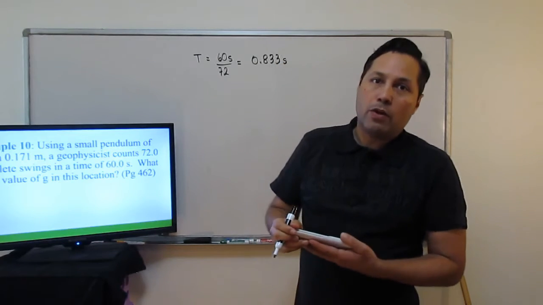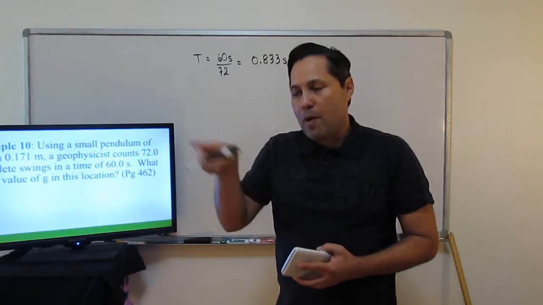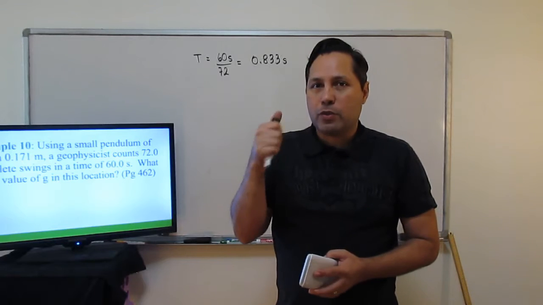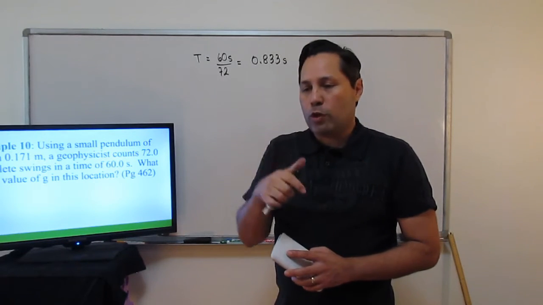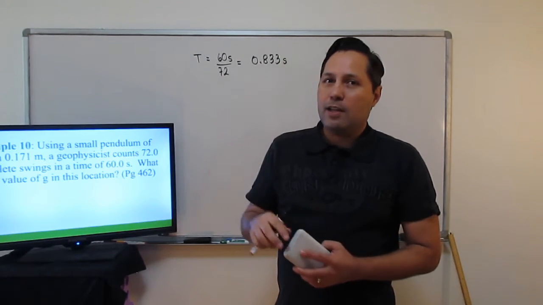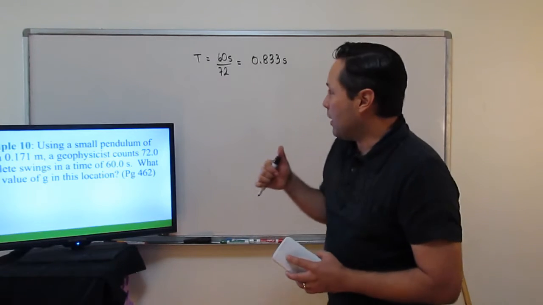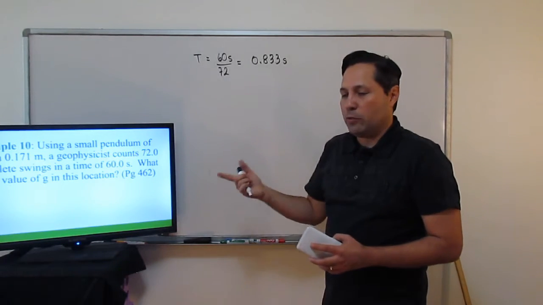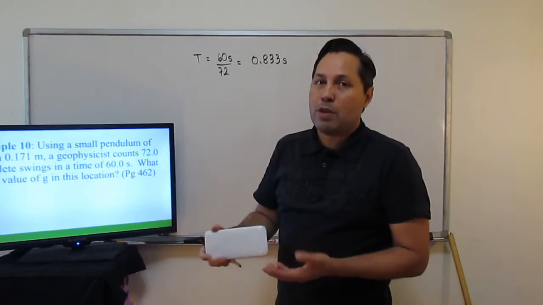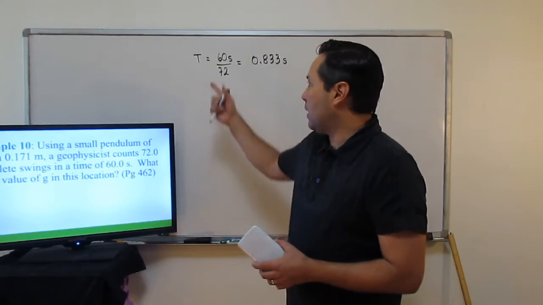That is the value for one oscillation to go back and forth. So that's very tough to get with just one swing. Can you accurately measure less than a fraction of a second? And that's why the geophysicist allowed it to swing so many times before he actually collected the period.